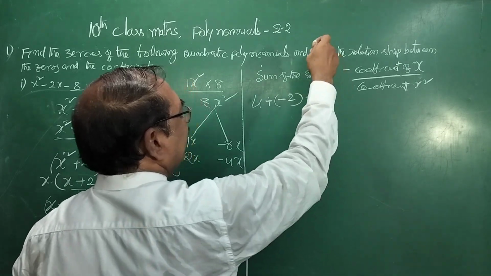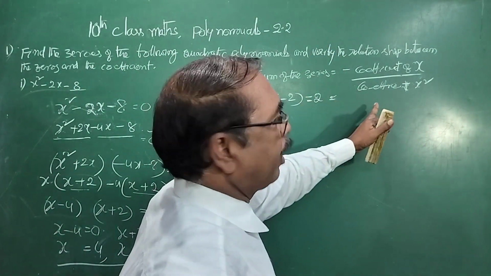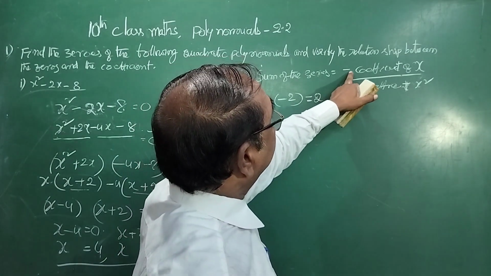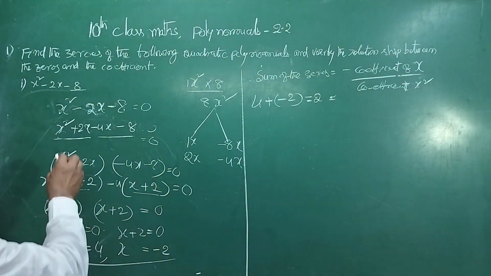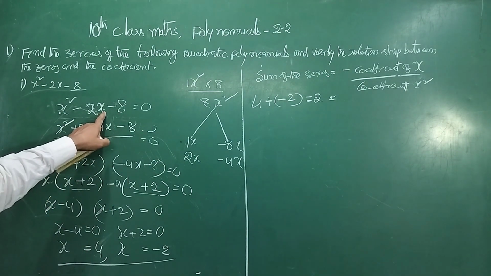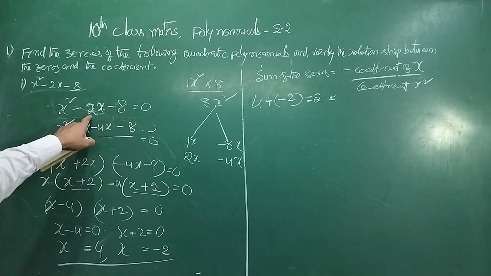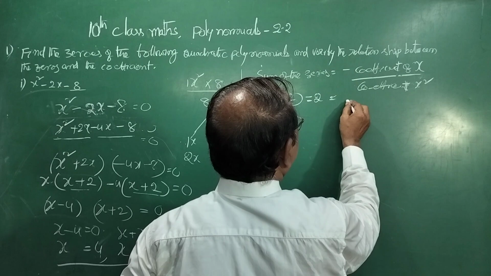Yes, as per the formula, we are seeing whether there is any relation or not. Minus coefficient of x. In this quadratic polynomial, what is the coefficient of x? That means it is minus 2. Minus is in the formula.